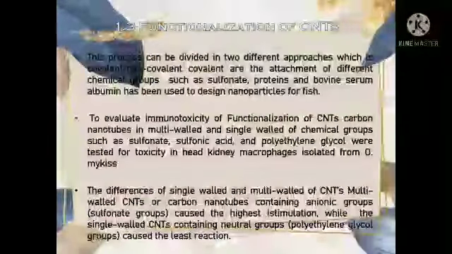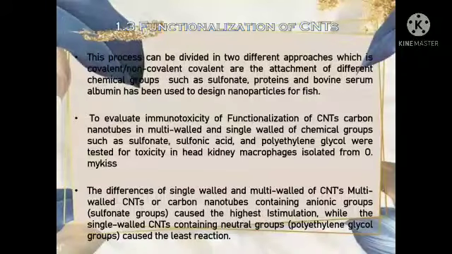Functionalization of carbon nanotubes. This process can be divided into two different approaches, which is covalent and non-covalent. Covalent are the attachment of different chemical groups such as sulfonate, proteins, and bovine serum albumin has been used to design nanoparticles for fish.